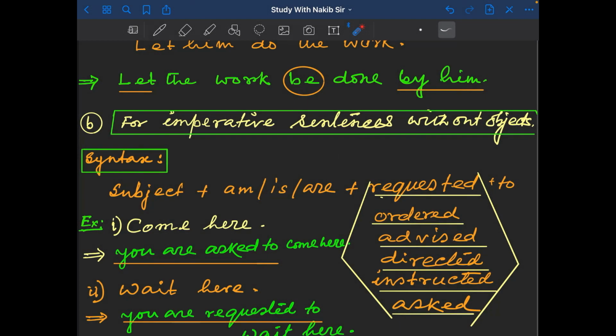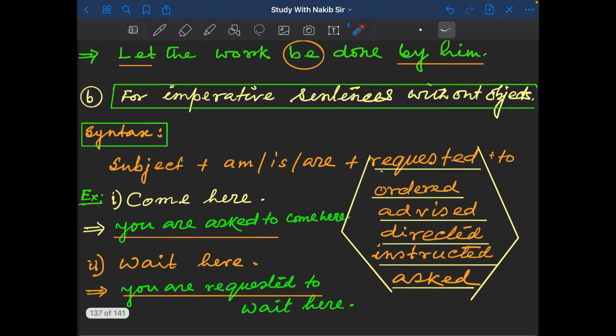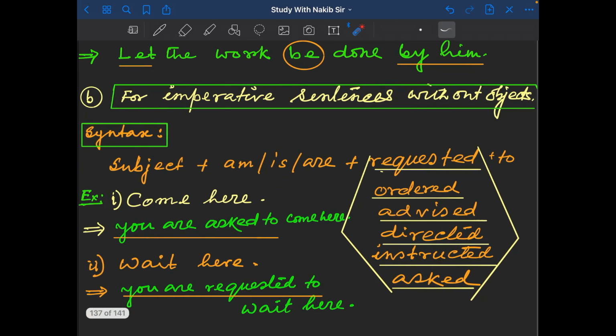Okay, so see the example and your idea will be clear. Come here. See, no object is here. Come here. So your answer will be you are asked to come here. If it is said to you, then it will be you. If it is said to him, then it will be he is asked to come here.